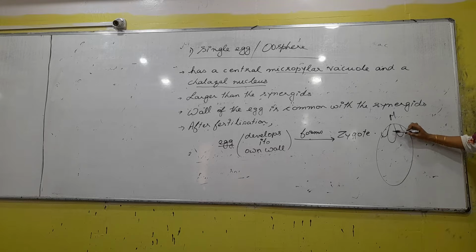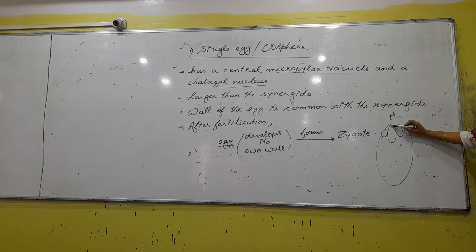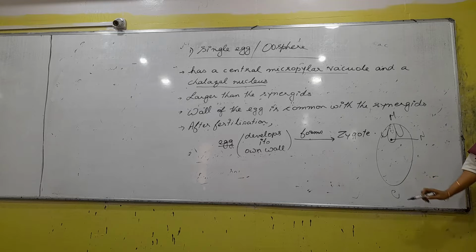This cell will have a nucleus, so on which side will the nucleus be? This side or this side? Understood? So the egg has a central micropylar vacuole. On the side where it is, a big vacuole will be there. Where will the nucleus be? Towards the chalazal area. Clear?